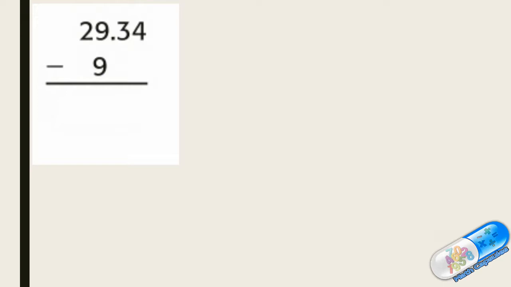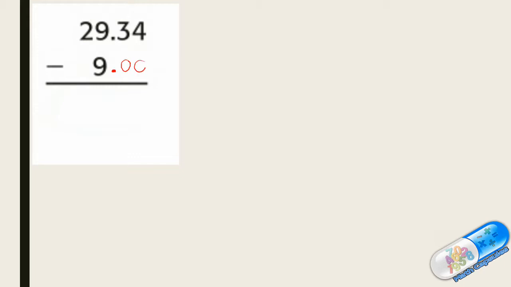Example for this, 29 and 34 hundredths minus 9. The first number, 29 and 34 hundredths, is a decimal number with 2 decimal places after the decimal point. The second number is just a whole number. So how many decimal places can we annex?